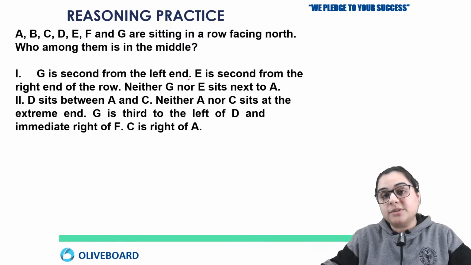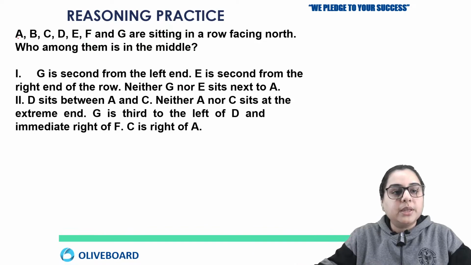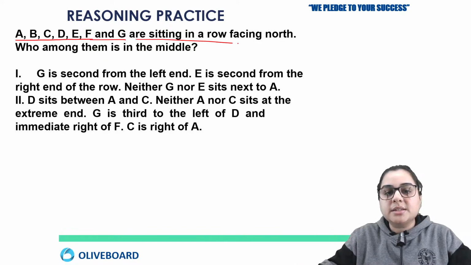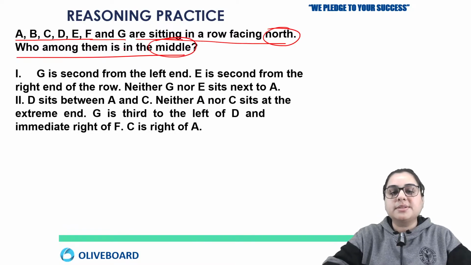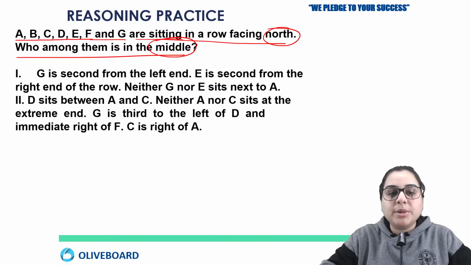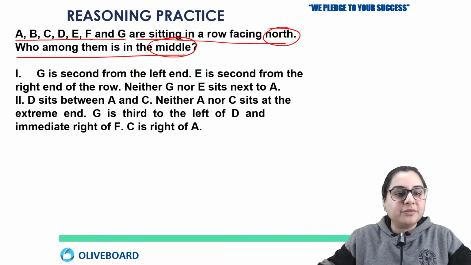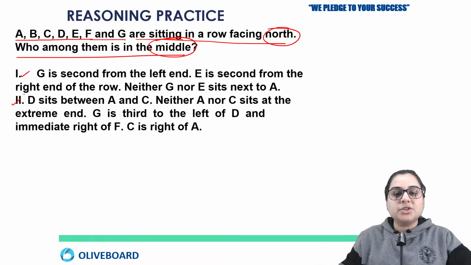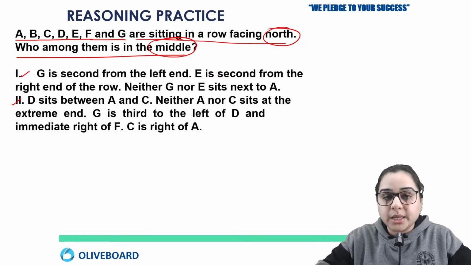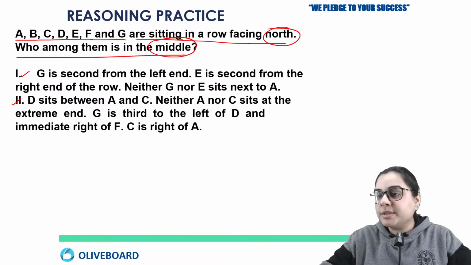Now this is a question of sitting arrangement. Here you have these names A, B, C, D, E, F and G. They are sitting in a row facing north. Who among them is in the middle? Now this is the question. Here there are two sets of information. You have to check which information is sufficient to tell who among them is in the middle.